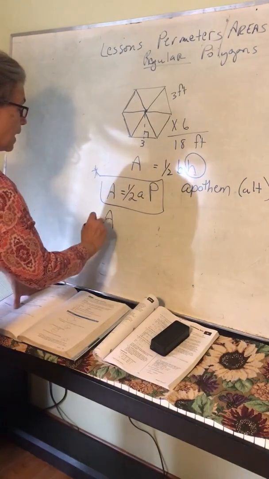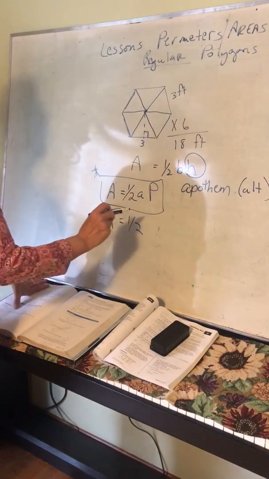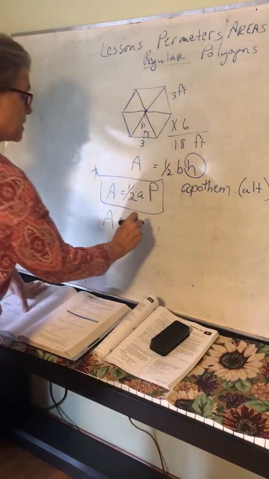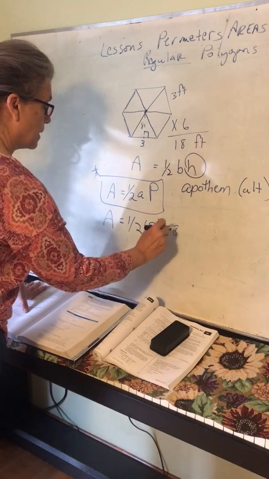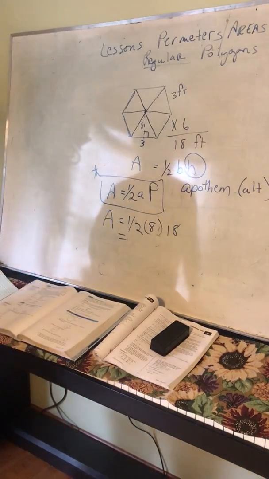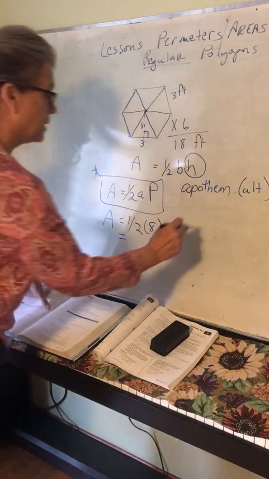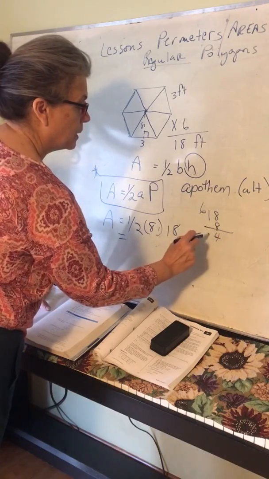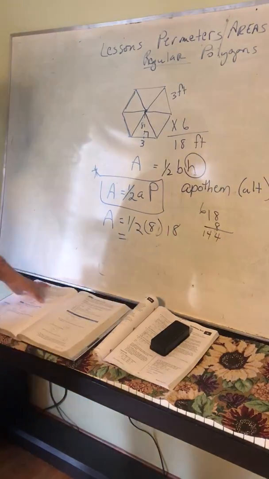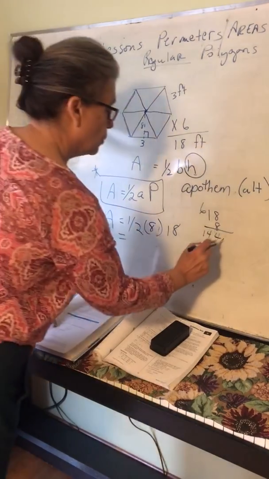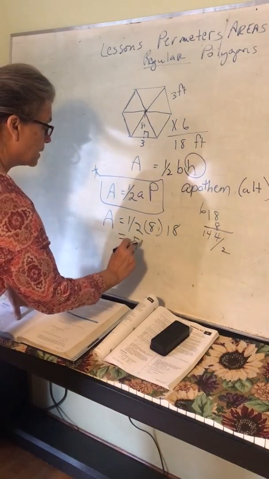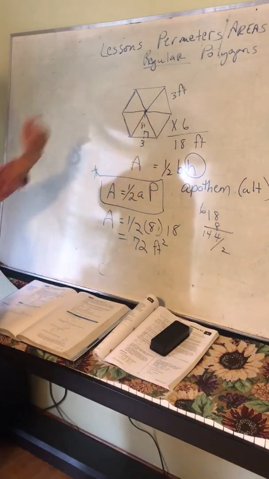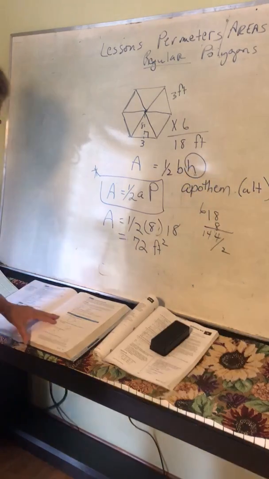So A equals 1/2, and let's say the apothem is 8 and the perimeter is 18. Multiplying 18 and 8 and dividing by 2, this ends up being 72 feet squared for the area of this particular hexagon.